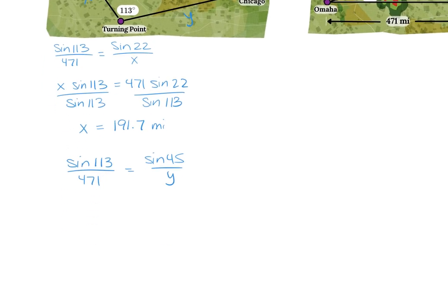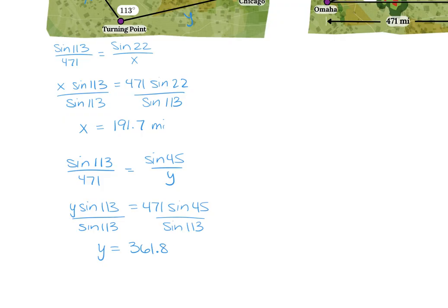Cross multiply. Divide. And y will end up equaling 361.8 miles.